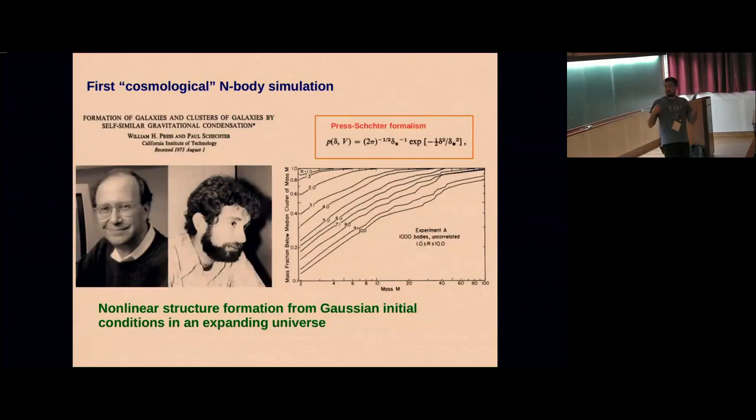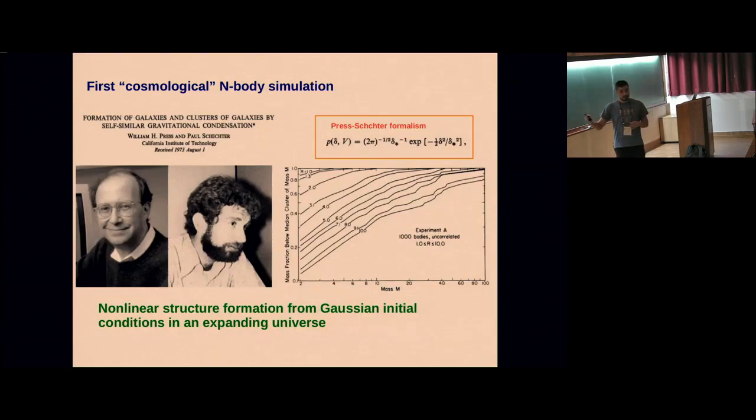Some of the first truly cosmological numerical simulations were done by William Press and Paul Schechter. They set Gaussian initial conditions, random Gaussians, and then let them evolve. And then they measured how much mass was in objects of different sizes. That led to the development of the very famous Press-Schechter formalism that is still used today, with extensions to it in the 90s.